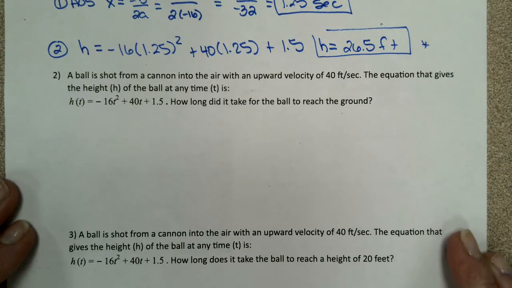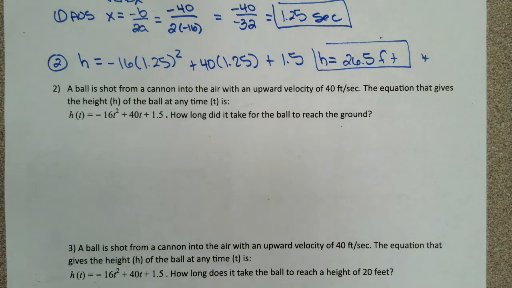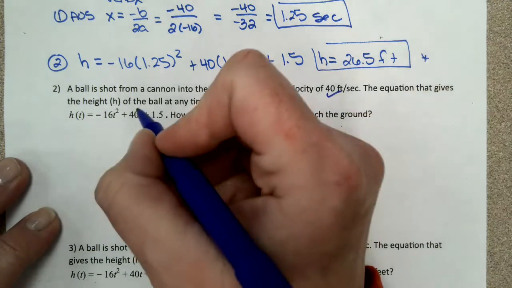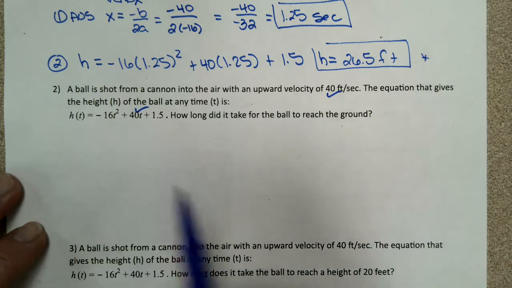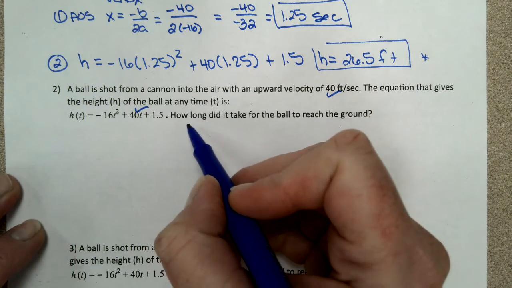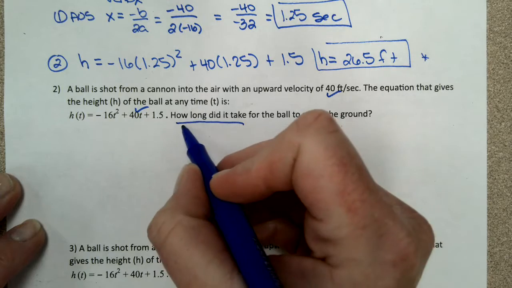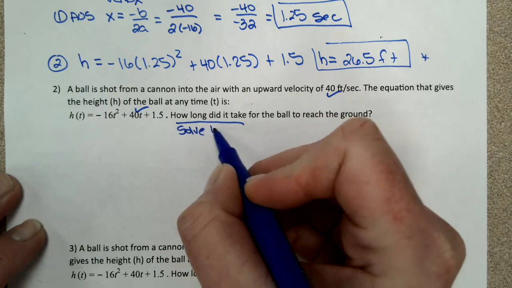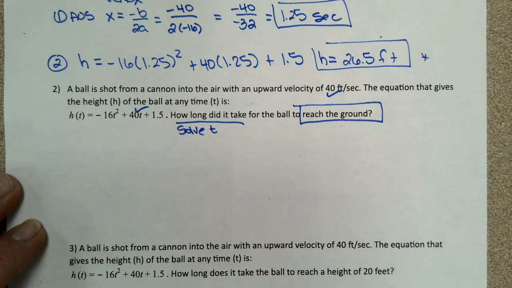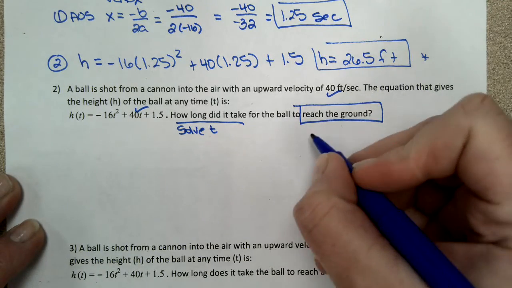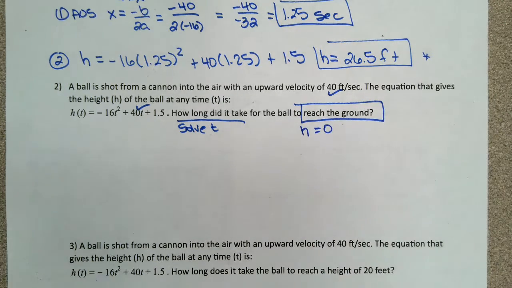Number 2. A ball is shot from a cannon into the air with an upward velocity of 40 feet per second. That 40 feet per second, that's already taken into account right there. You don't have to try to reuse that. Here's the equation. How long did it take? So we're going to have to solve for t to reach the ground. You have to remember the height of the ground is always 0.